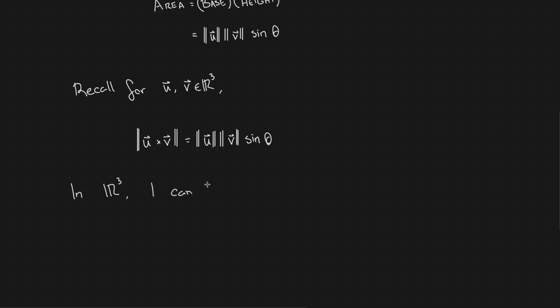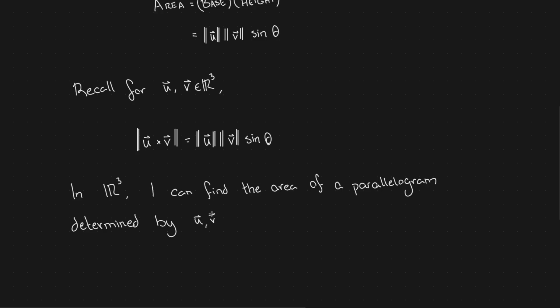And so that means that in R3, I can find the area of the parallelogram determined by two vectors u and v by taking the norm of the cross product of the vectors.